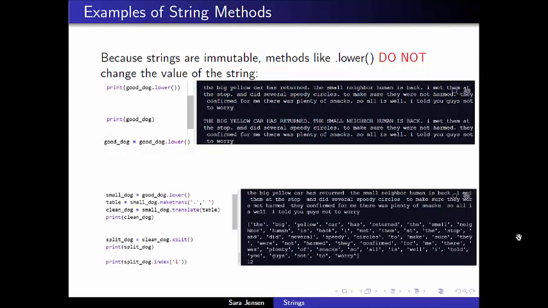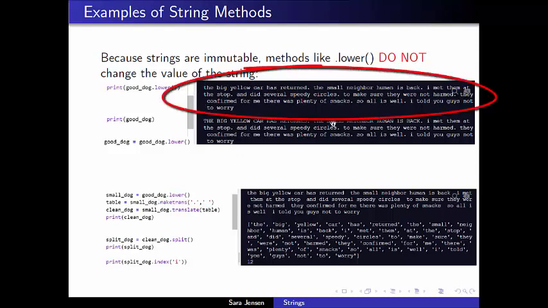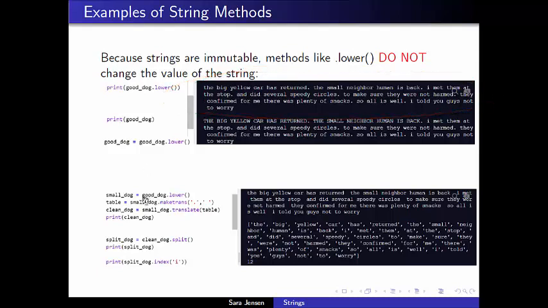For a little bit of a more advanced example, let's see the types of manipulations we can do if we want to do some uniform formatting on the good dog string. As we've seen, we can call the .lower method on the good dog string to obtain this output right here. Let's save that output into a new variable called small dog.